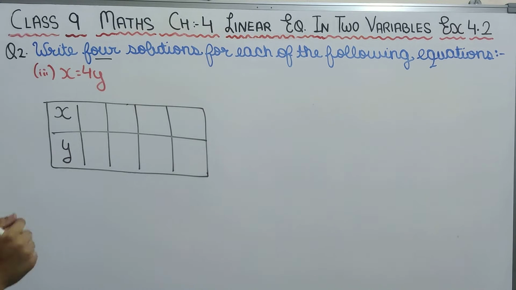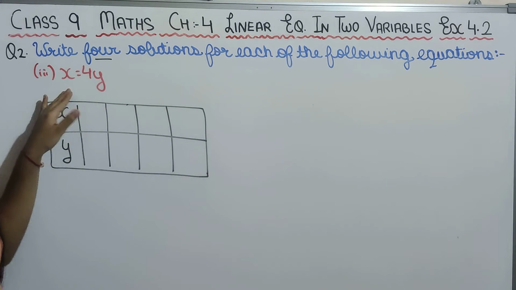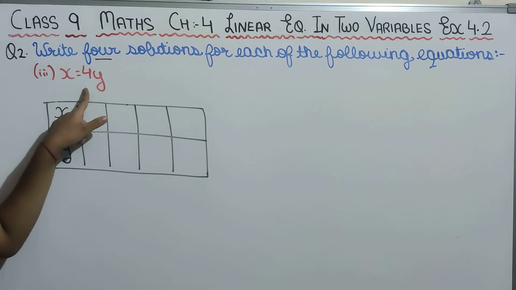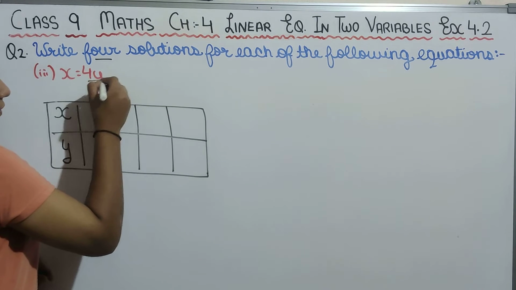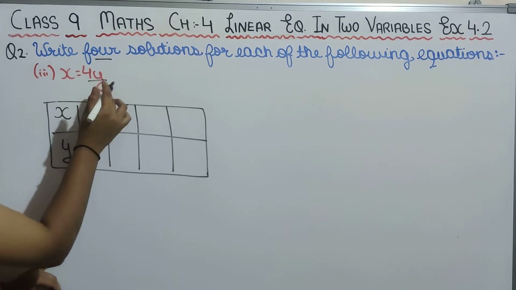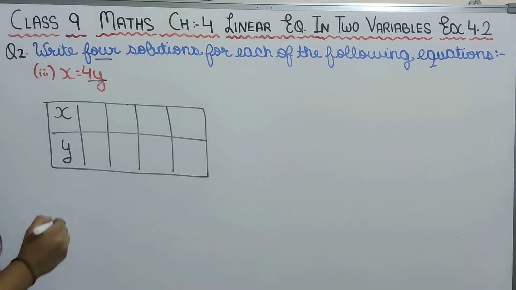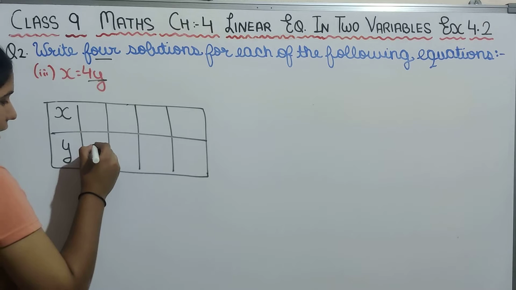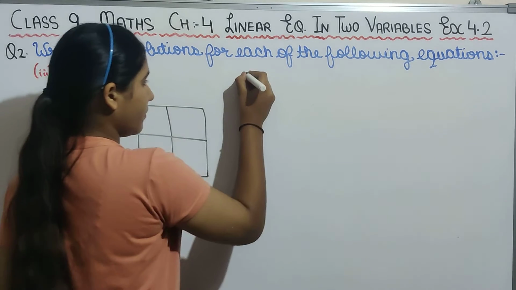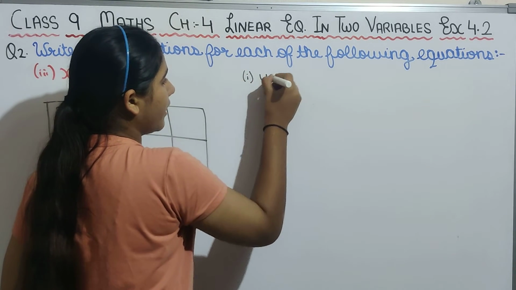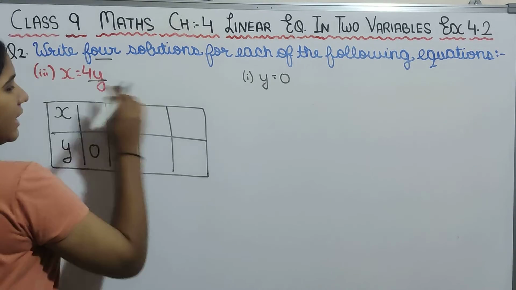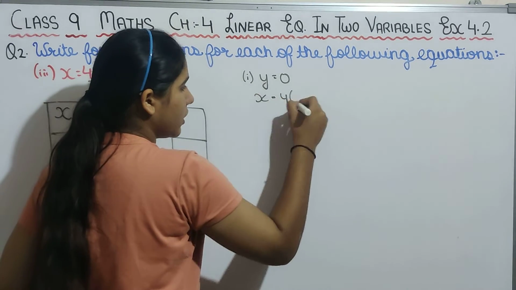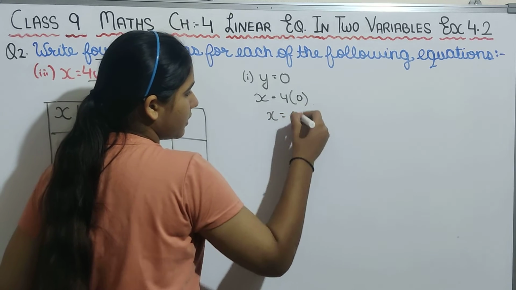If we take the value of x first, it will be difficult to find y because it is in multiplication. So you should find x by taking y instead, because it will be easier. First we take y is equal to 0, then x is equal to 4y, means 4 into 0, that is 0.